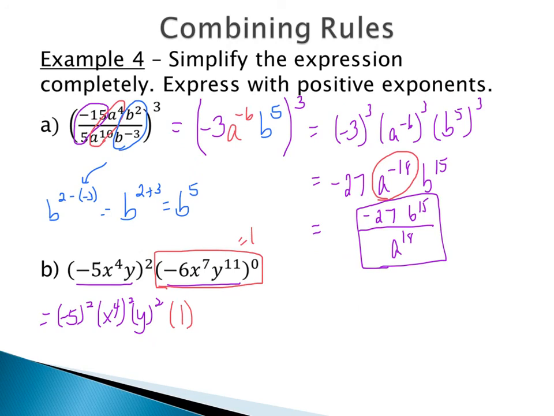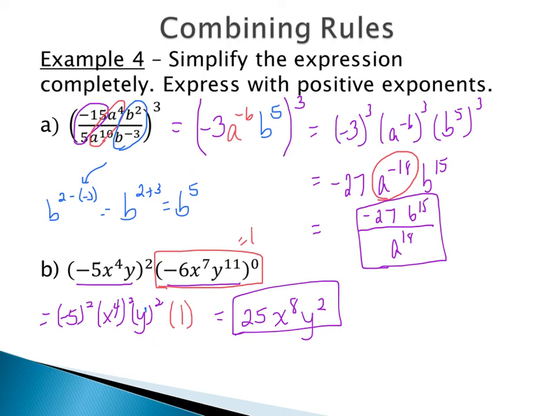So working through now what we have left, we have negative 5 to the second power, which would just be 25. Then x to the 4th to the second power, 4 times 2 would just be 8. So we have x to the 8th, and then y squared. Some people want to actually write the y to the first, have that 1 in there, so that way you can see that you're doing 1 times 2 to get the y squared.